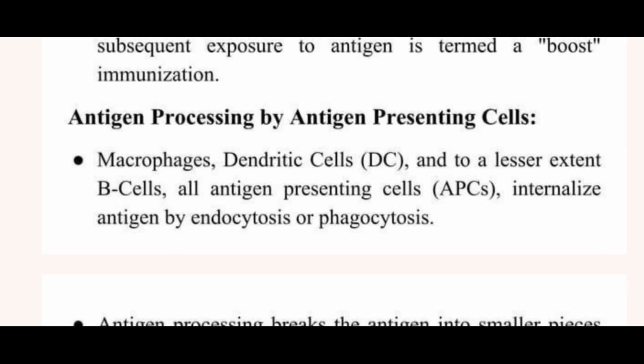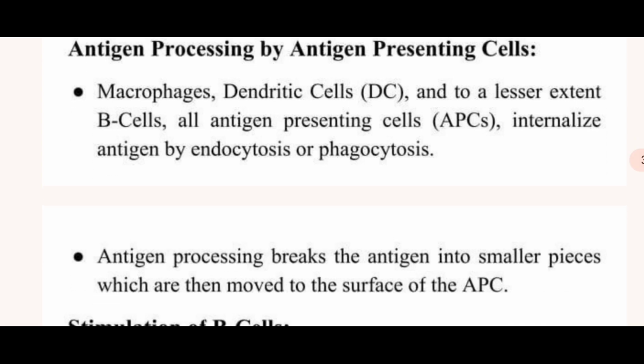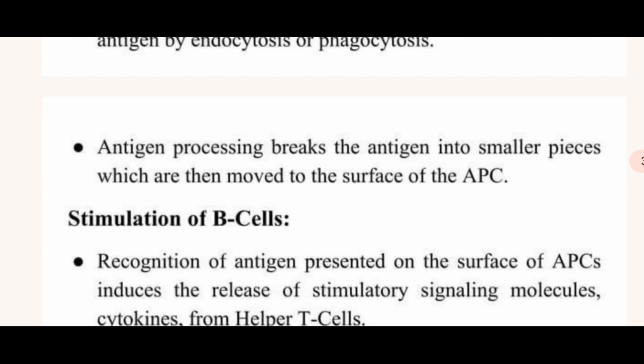Antigen processing by antigen presenting cells. Suppose there are antigen presenting cells like B cell, dendritic cell, and macrophages. They internalize antigens by endocytosis or phagocytosis. Antigen processing breaks down these antigens into smaller pieces.